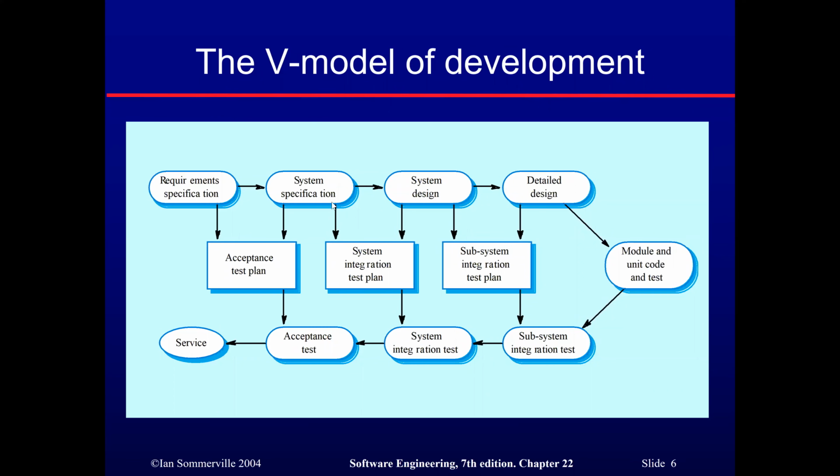For example, towards the end of the system specification and at the early stages of the system design, we plan the system integration tests. Because at this point, we have the knowledge about what subsystems the software product will be composed of and how these subsystems will be connected.